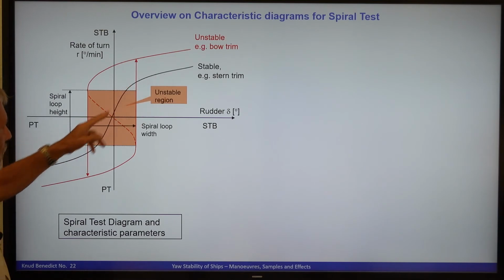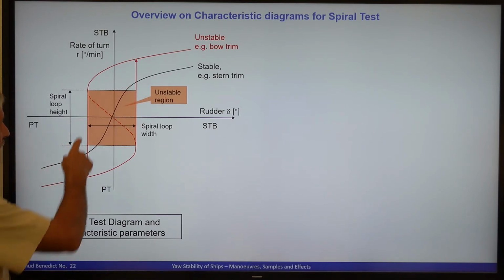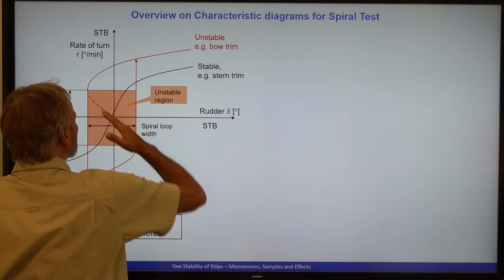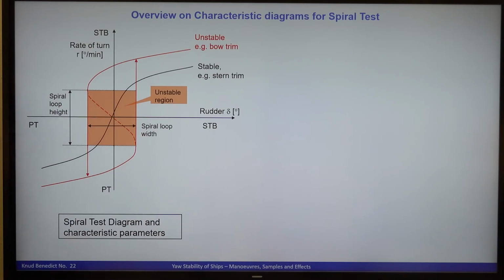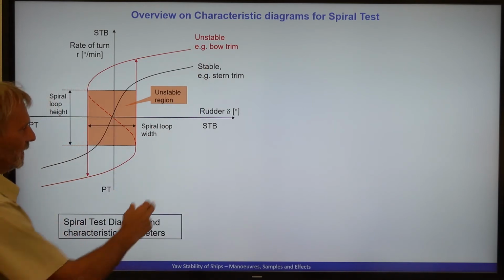So this is always a positive slope, and in this range the ship is stable. In this range the slope is negative, and in this range the ship is unstable. So the slope is saying something about the stability. But I will come back to these different states of stability.